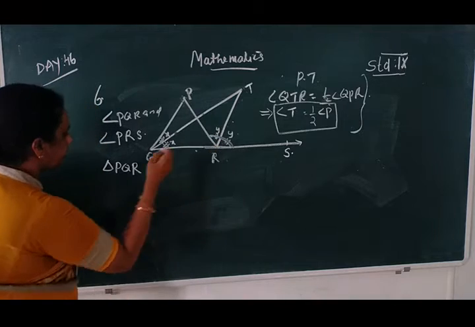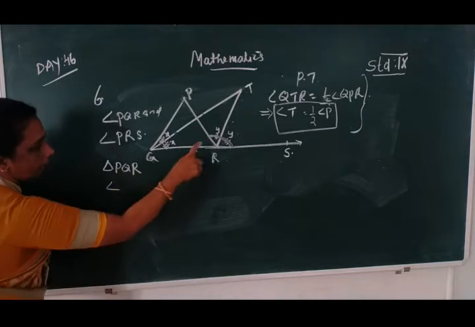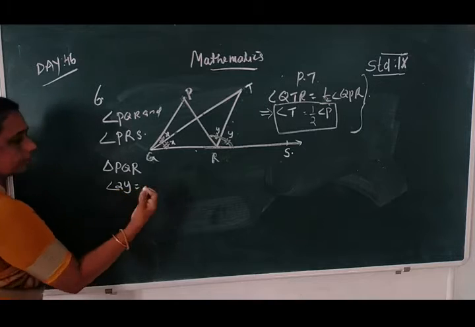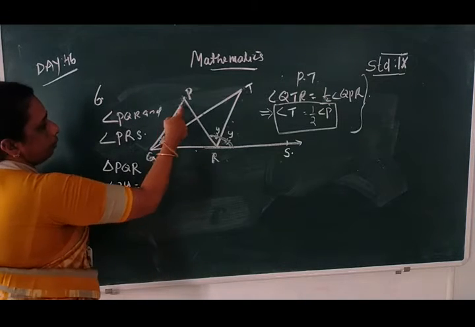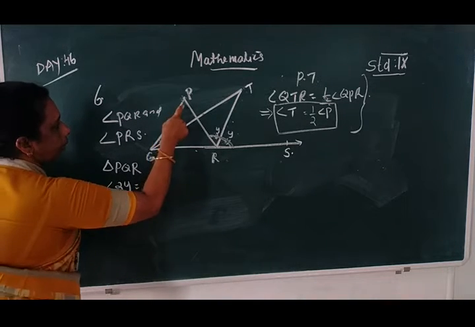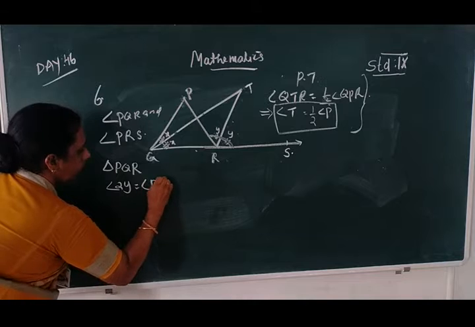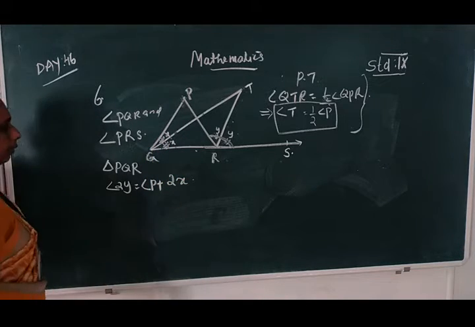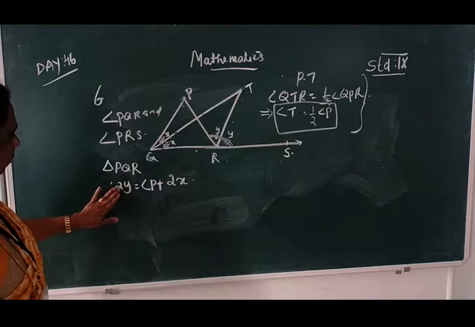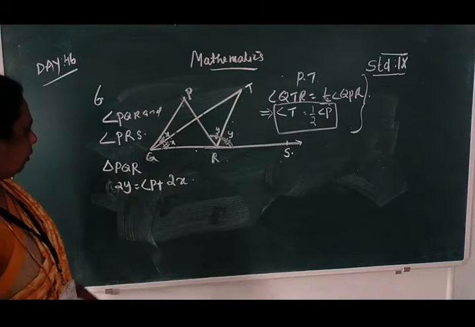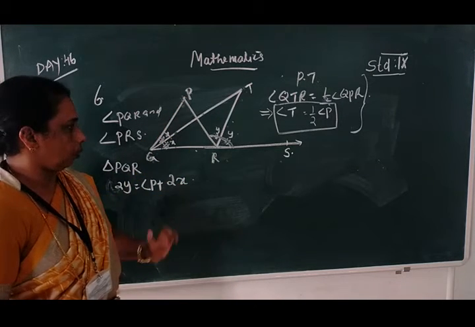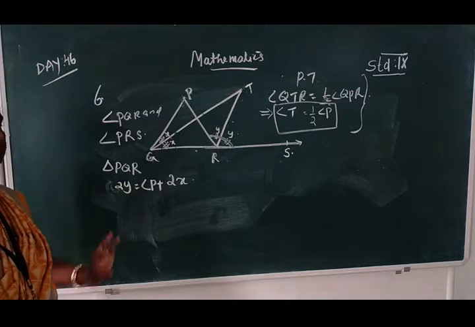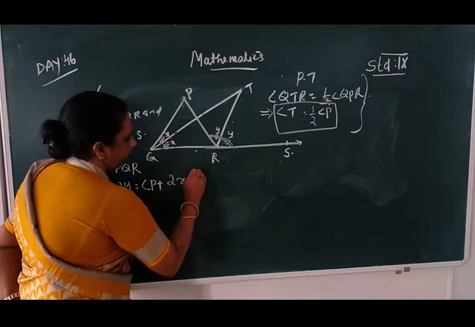That is, this exterior angle I am writing as angle y plus y, which is 2y. The sum of its interior opposite angles is angle P plus this angle x plus x. Consider triangle PQR, the exterior angle is equal to the sum of its interior opposite angles. That is equation number 1.